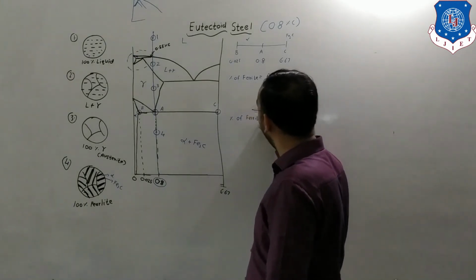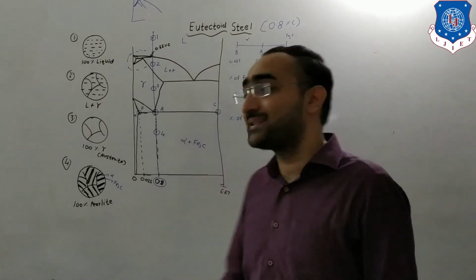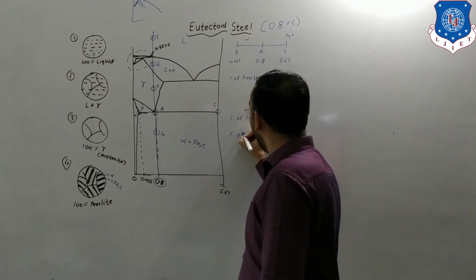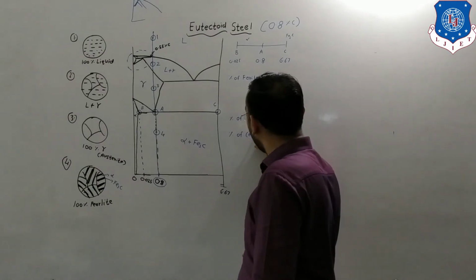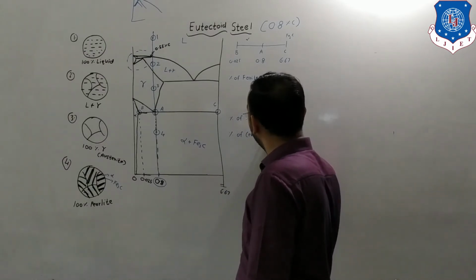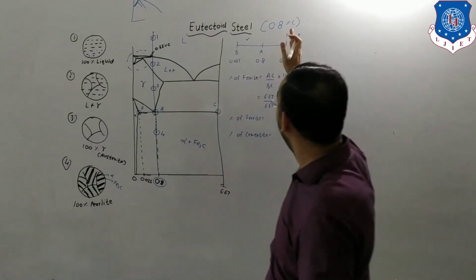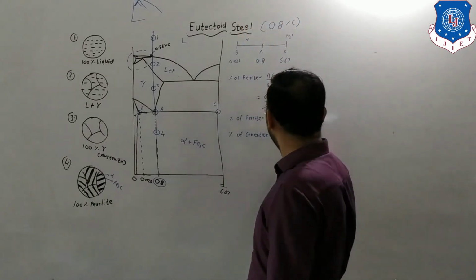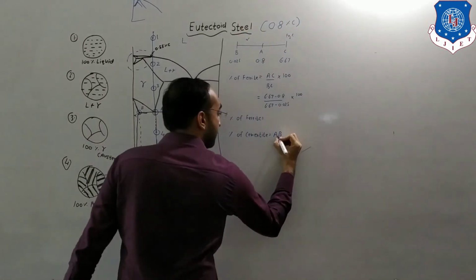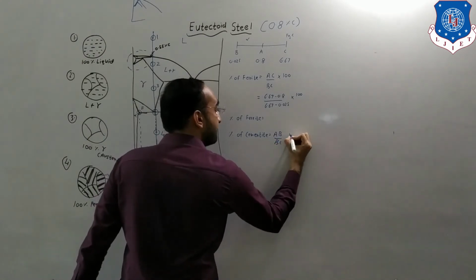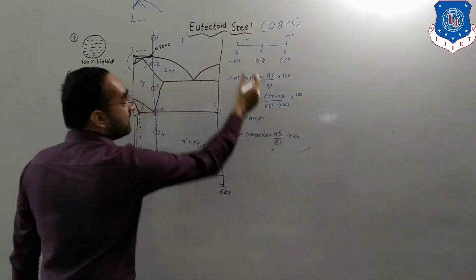The same way, if you want to find the percentage of cementite, cementite is present over here, so its opposite side, that is AB upon BC multiplied by 100. How can AB be calculated?